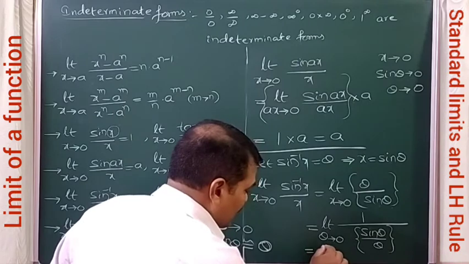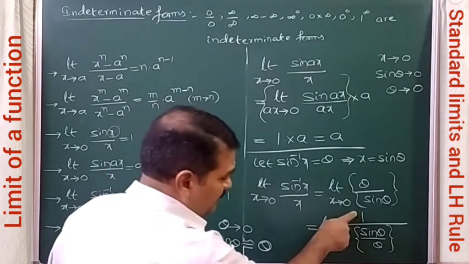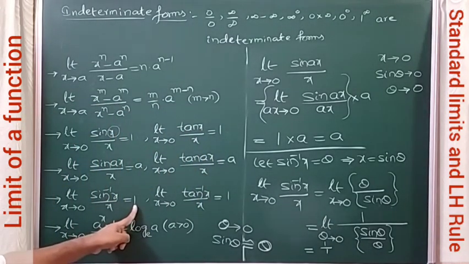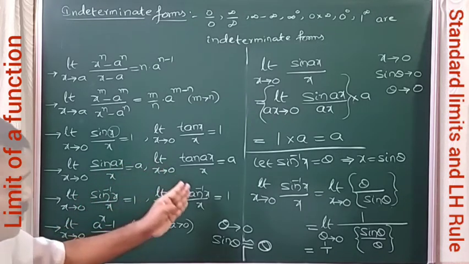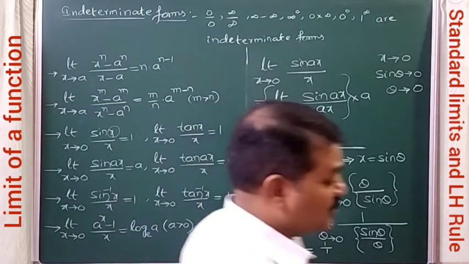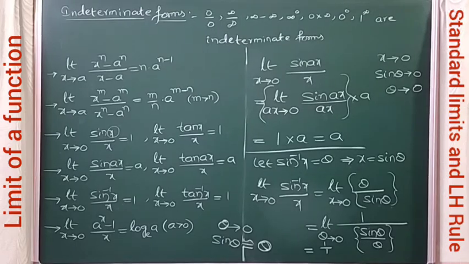Therefore, numerator 1, denominator is 1. 1 by 1, your answer is 1. And that is what we have here. The same condition you can use for this also. So in the same manner, you can prove the next limit, that is limit x tends to 0, tan inverse x by x will be equal to 1.